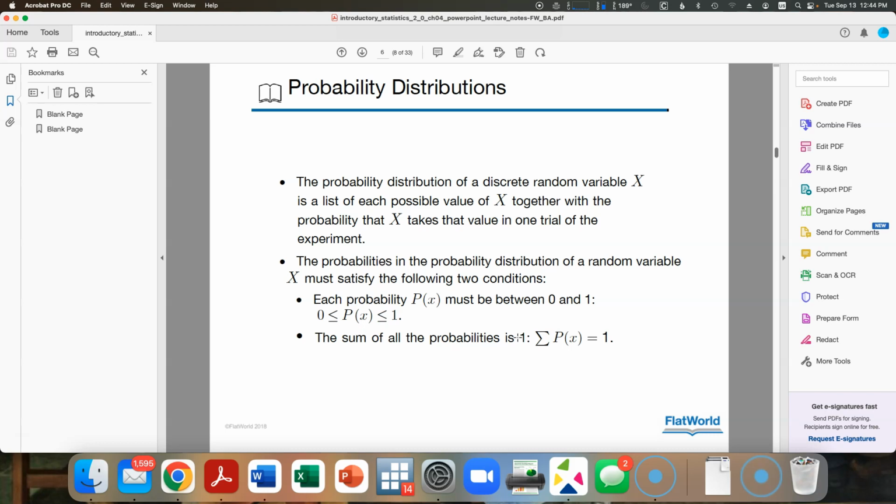The probability itself has to be between 0 and 1, 0 being can't at all happen, 1 being a certainty that it would happen. No matter what the probabilities are, as long as they're between 0 and 1, everything has to add up to 1 across all the probabilities of all the values that could occur.